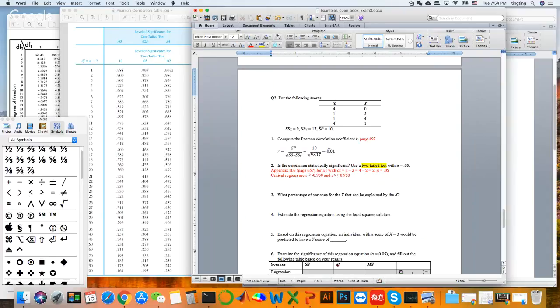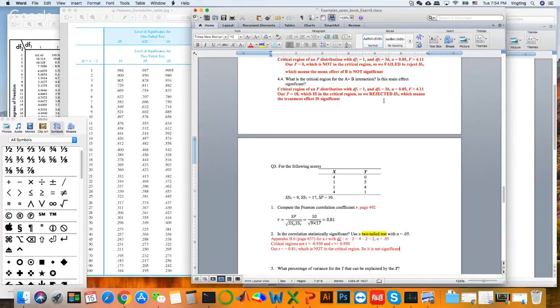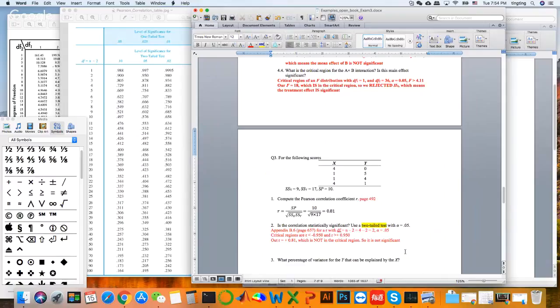And see, our number r is not in the region. So it's not significant. You can check, right? We fail to reject H0. That means the correlation is not significant.